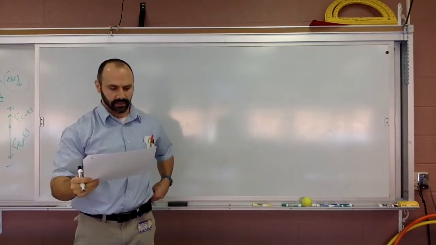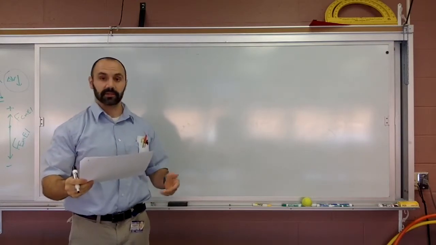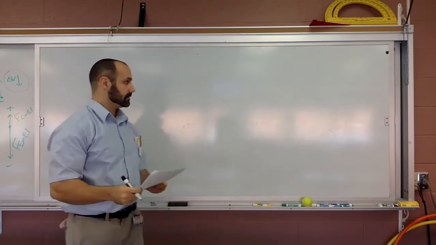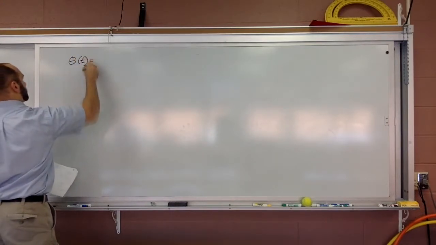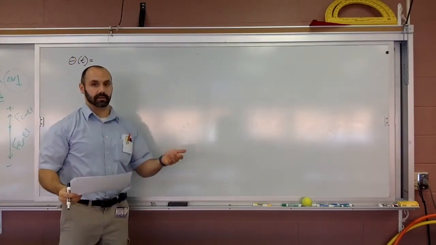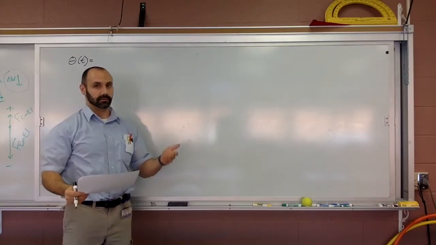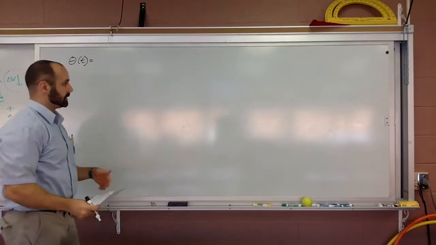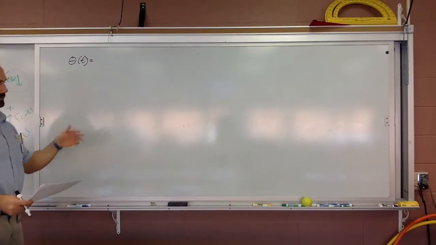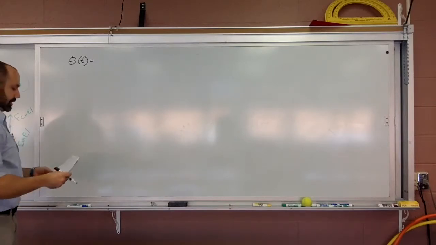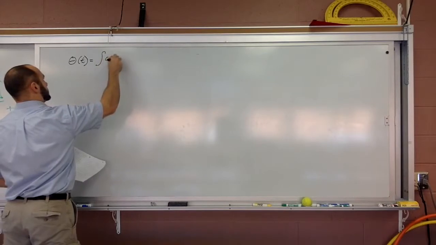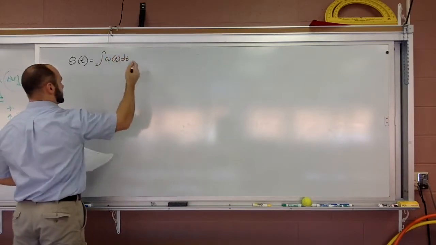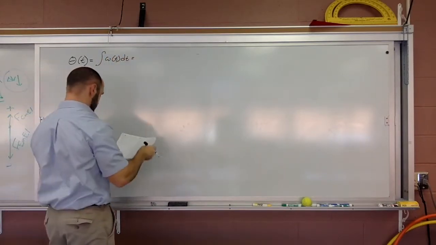Next one, now we want to find the angular displacement as a function of time. So that's theta. Theta is a function of time. And now this is going to be the integral of the velocity, right? This is how we go from velocity to displacement, take the integral. So I'm going to take the integral of omega t dt. So that is going to look like this.